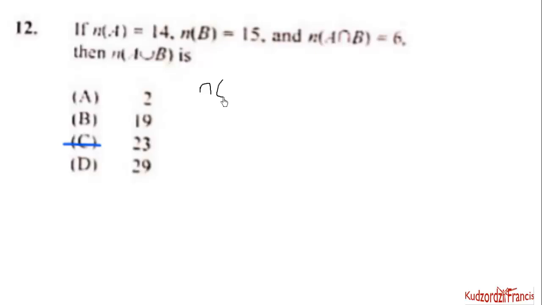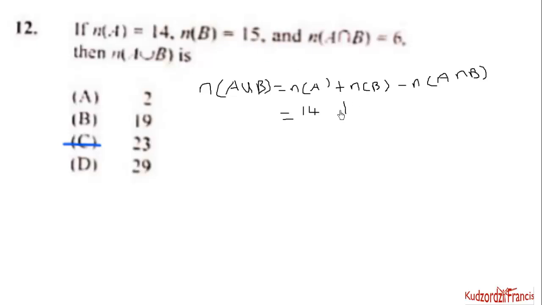We know that the cardinality of A union B is equal to the cardinality of A plus the cardinality of B minus the cardinality of A intersection B. So this will be 14 plus 15 minus 6.